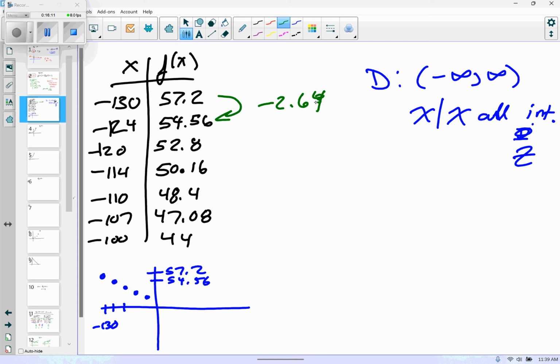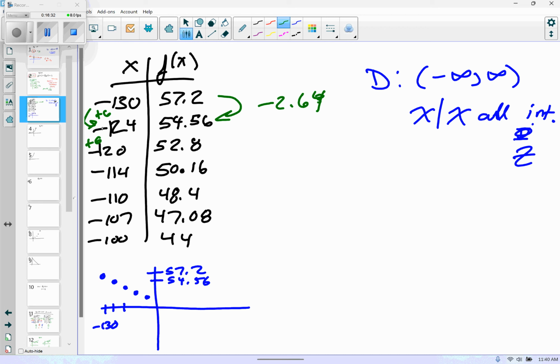Hang on, I'm off. 57.2 minus 54.56, or a different growth rate. Okay, so this is adding 6 each time.